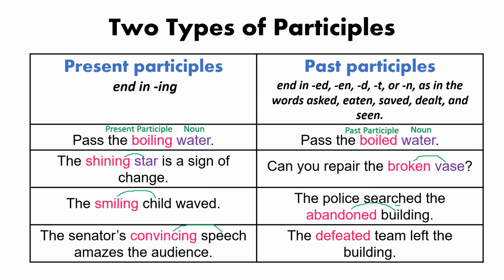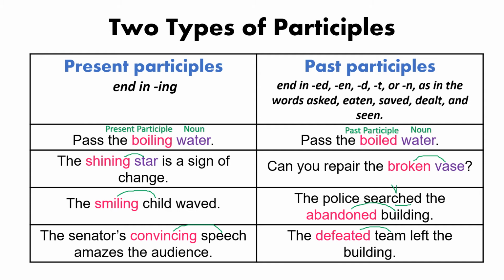Searched here functions as a verb, just like what I've said in the earlier part of our discussion. Next, the last one is: the defeated team left the building. Defeated is your past participle that ends in ed, describing the noun team.